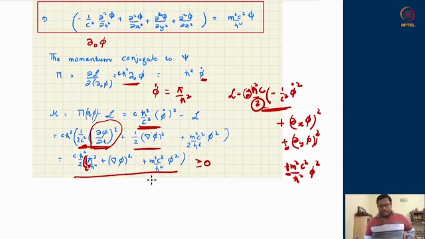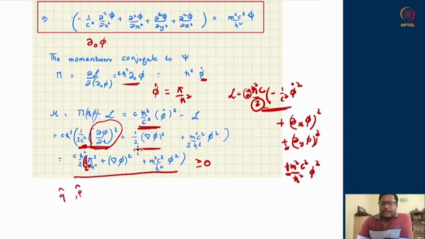Hopefully this will remain so, because at the quantum level, just like Q and P were converted into operators which were Hermitian, pi and phi and its derivatives can also be converted into Hermitian operators, and squares of Hermitian operators give you positive eigenvalues. So none of these quantities are supposed to be negative. So by going to the quantum level, at least we have solved the problem of negative energy in some sense. The Hamiltonian has become a positive definite quantity.